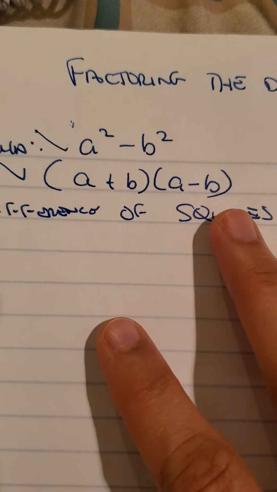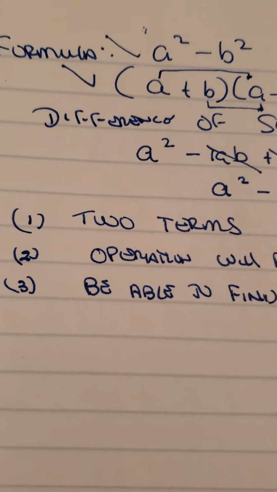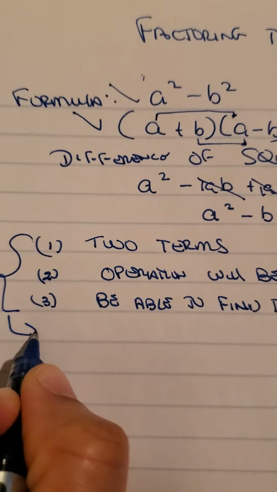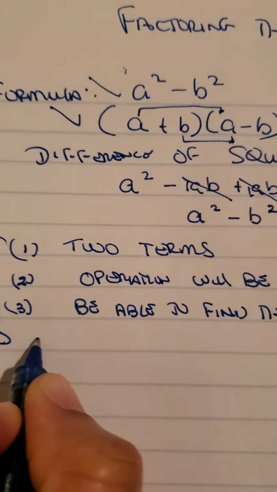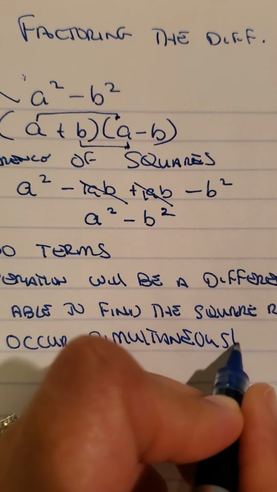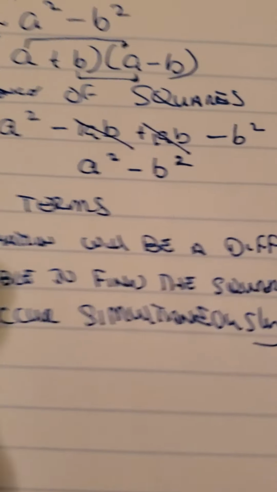Two terms, check. Operation will be a difference, check. Be able to find the square root of each term, check. All of these must occur simultaneously in order for it to be a difference of squares.